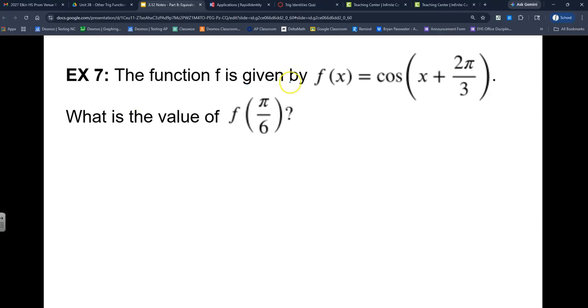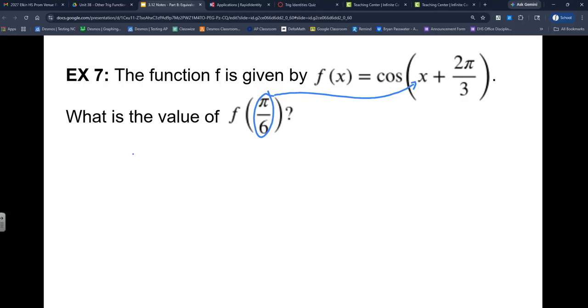All right, so here's another example. This one's a cosine example. Our function is cosine of x plus pi over 3. And they're asking for f of pi over 6, which means we plug in pi over 6 for the x, right?